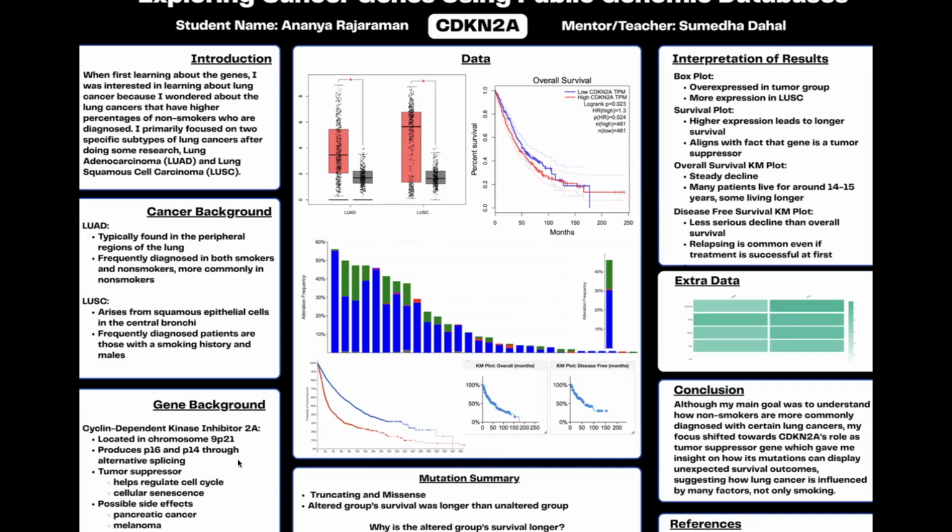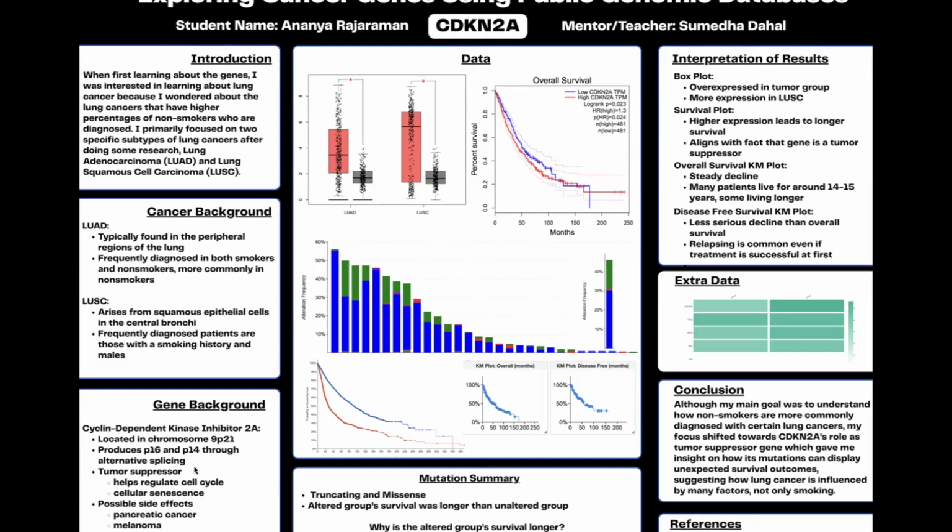And P14 also stops damaged cells from dividing. There's another protein involved in this process called MDM2. But this protein tries to get rid of another protein called P53, which is necessary to stop cancerous growth from developing. Basically, the function of P14 is that it stops the MDM2 protein from blocking the P53 protein.